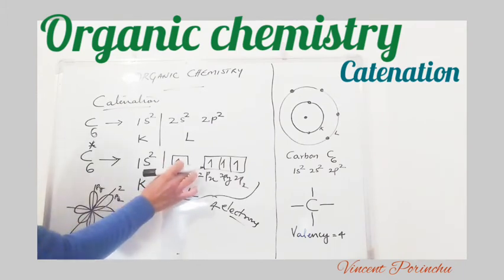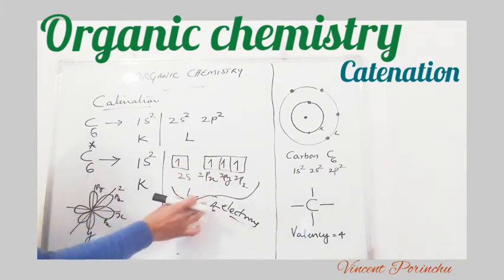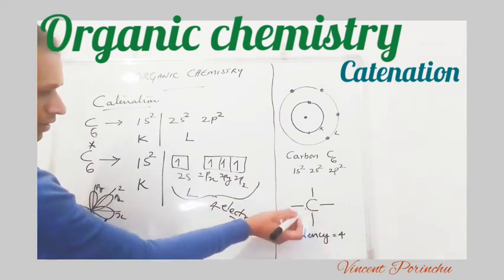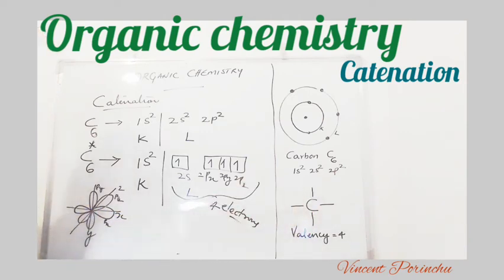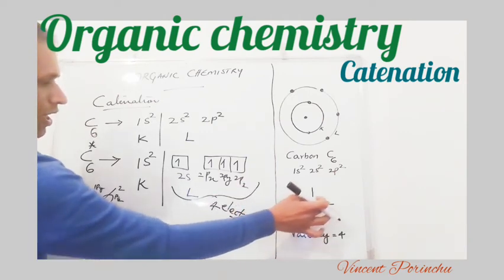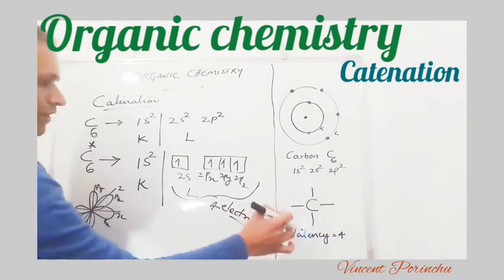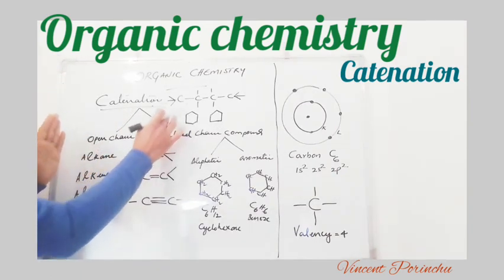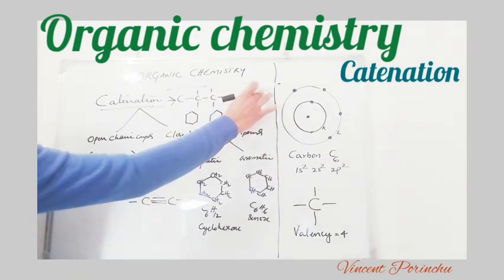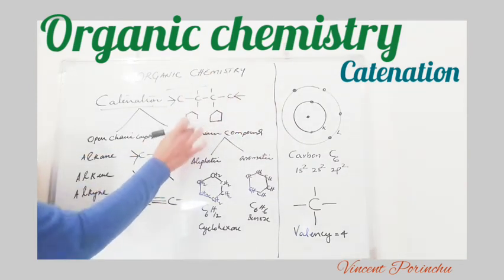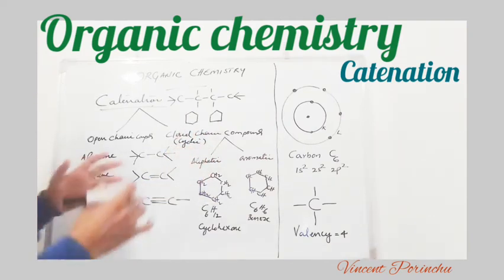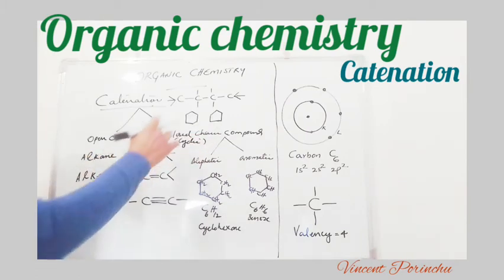The 4 electrons present in the outermost orbital of the carbon atom can be represented like that, 4 lines around the carbon. That means carbon has 4 valencies. So carbon can combine with 4 other atoms. Due to this property, catenation, carbon can form open chain compounds, C-C-C linear compounds, and closed or cyclic chain compounds.